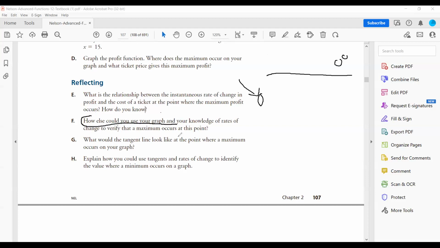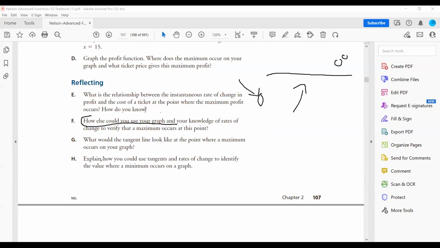How else could you use your graph and your knowledge of rates of change to verify that the maximum occurs at this point? Exactly, we're going to use the tangent line. What would the tangent line look like at the point where a maximum occurs on your graph? The tangent line would be horizontal because it has no slope.